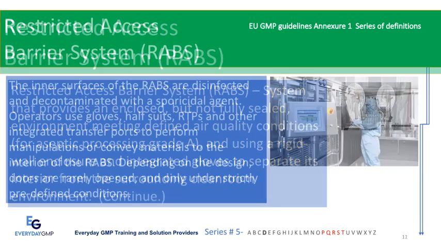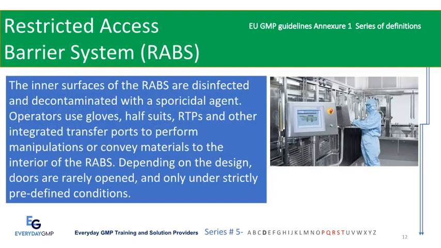The inner surfaces of the RABS are disinfected and decontaminated with a sporicidal agent. Operators use gloves, half suits, RTPs and other integrated transfer ports to perform manipulations or convey materials to the interior of the RABS. Depending on the design, doors are rarely opened, and only under strictly predefined conditions.